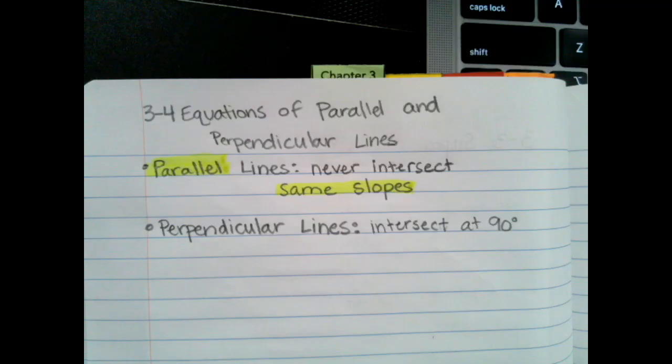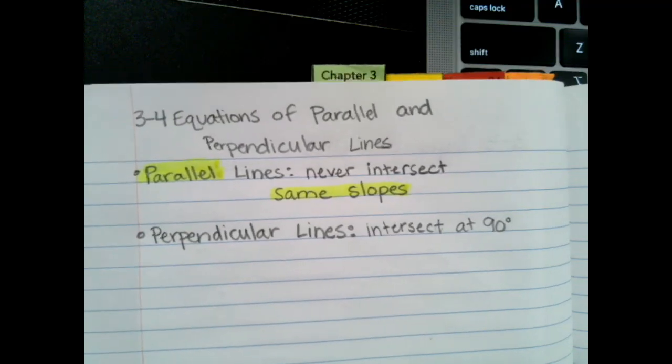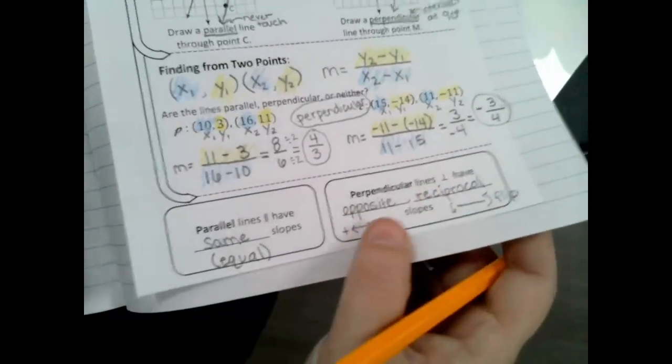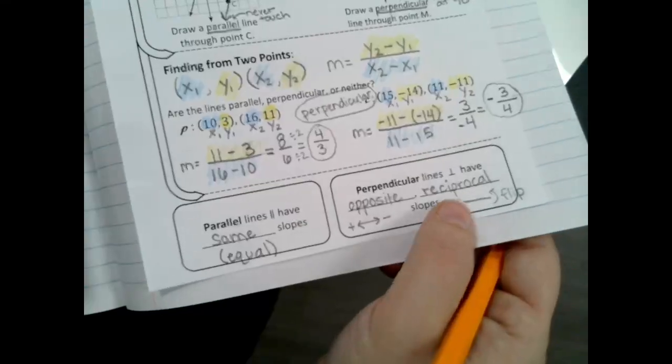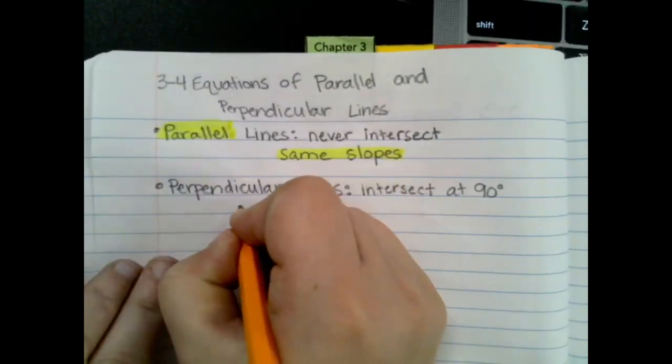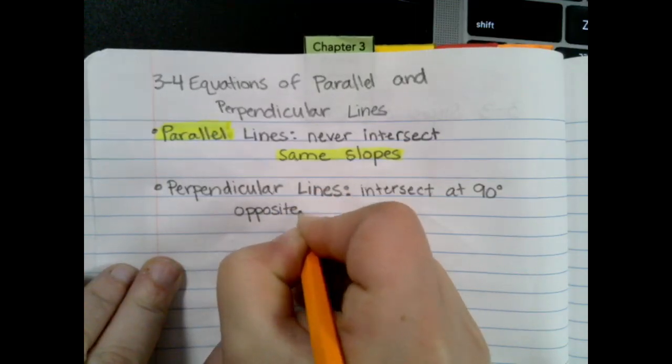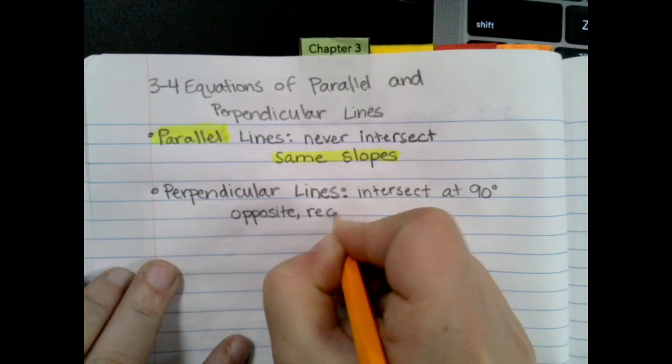Okay, and again, as we look at yesterday, what did we find out about those slopes of perpendicular lines? Yesterday we talked about perpendicular lines have opposite reciprocal slopes. So we're going to put that on this paper too. Okay, opposite reciprocal slopes.